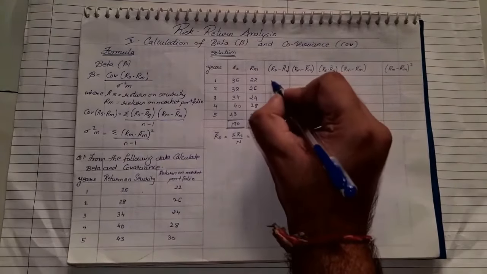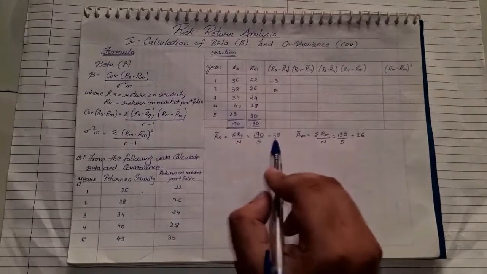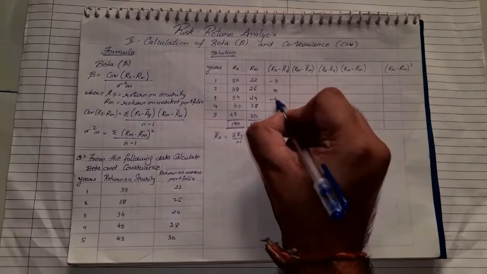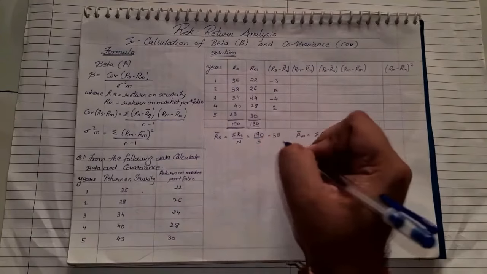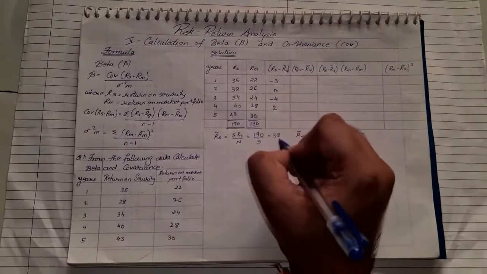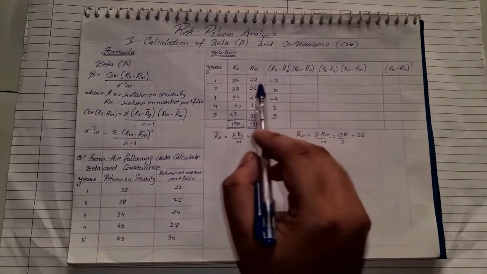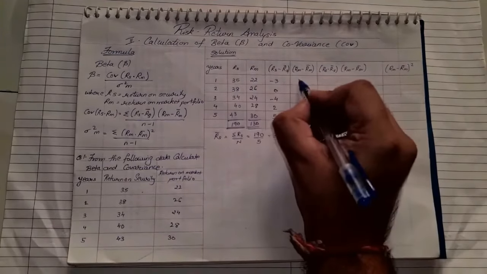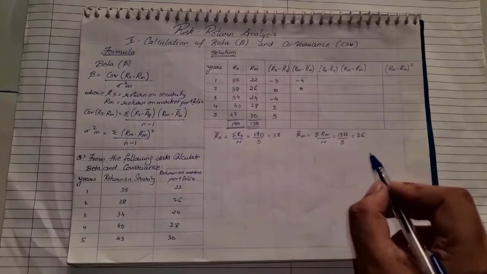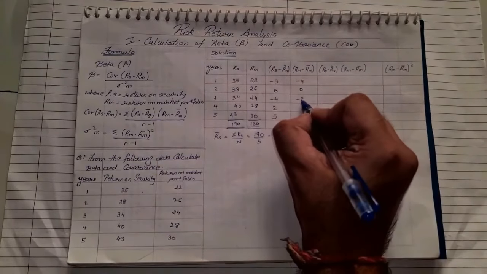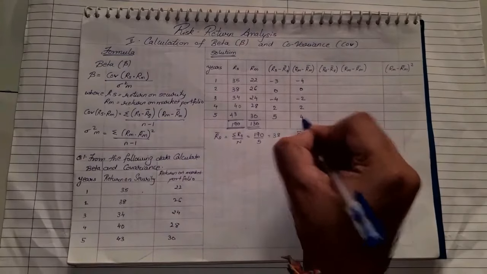So 35 minus 38 is negative 3, 38 minus 38 is 0, 34 minus 38 is negative 4, 40 minus 38 is 2, and 43 minus 38 is 5. Similarly for market, 22 minus 26 is negative 4, 26 minus 26 is 0, 24 minus 26 is negative 2, then positive 2, and lastly positive 4.